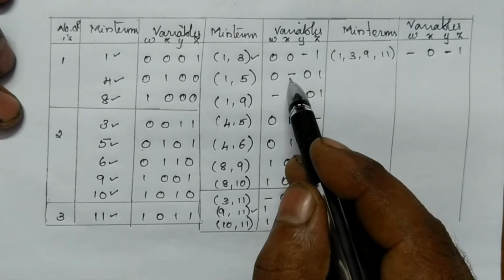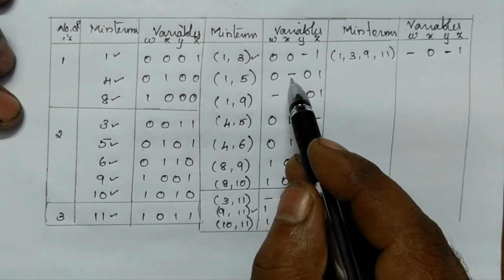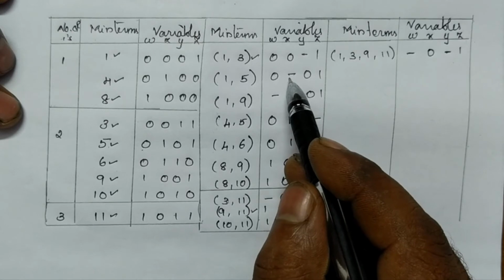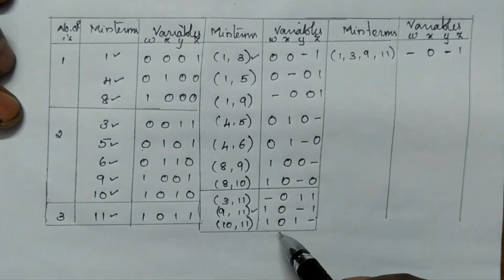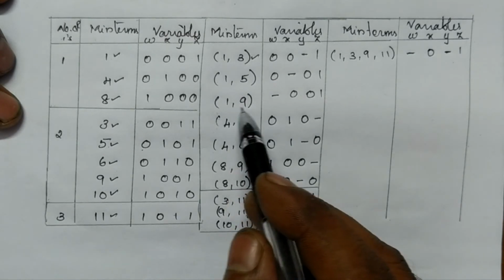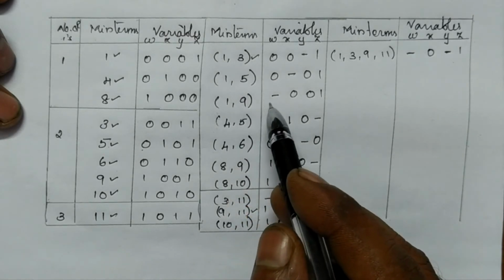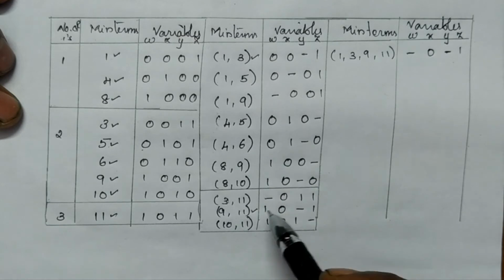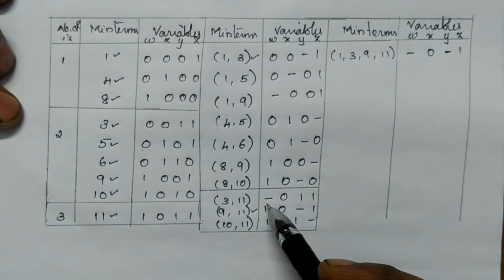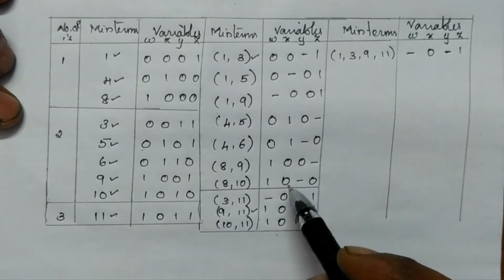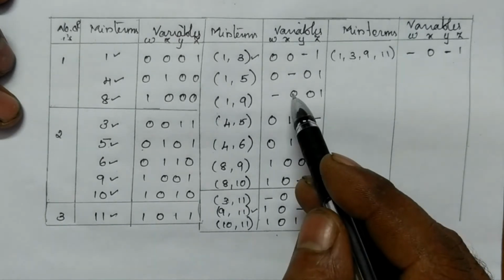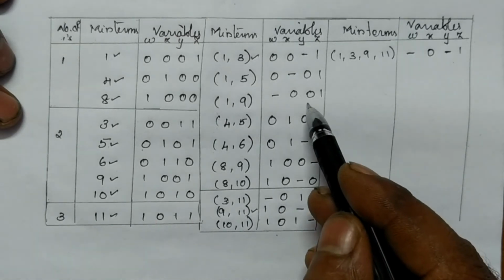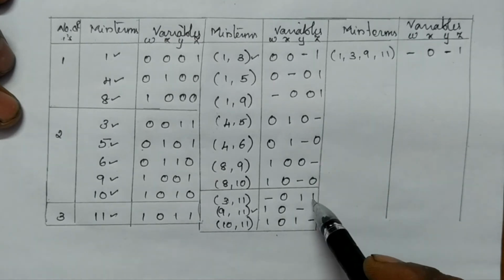Then we need to go for the second term 1, 5. Here in the second position we are having hyphen but there is no hyphen at the second position, therefore it's not possible. Then we are taking the 1, 9. Here in the first place we are having the hyphen. Likewise here also the first place we are having the hyphen. Then we need to go for checking 1 bit change. So here it's 0 0, here 0 1, 1 bit change, here 1 1.